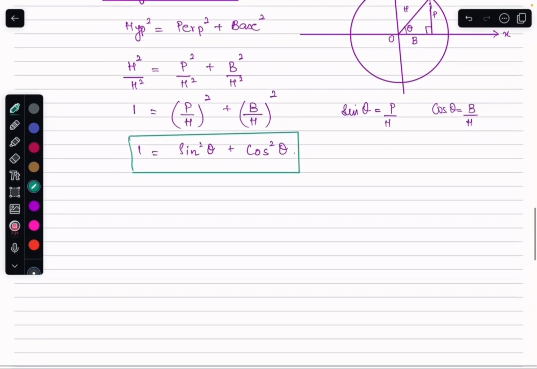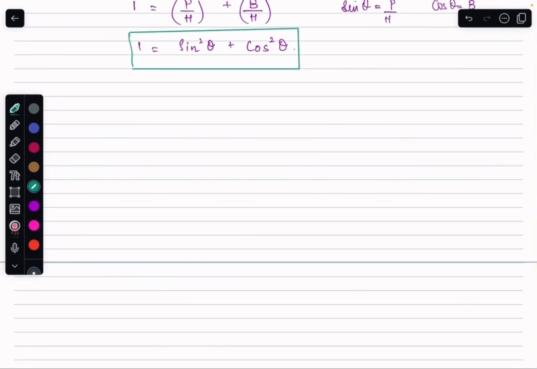So again, recapping the two basic identities that we shall be using. Number one, tan theta equals sine theta over cos theta, and sine square theta plus cos square theta equals 1.